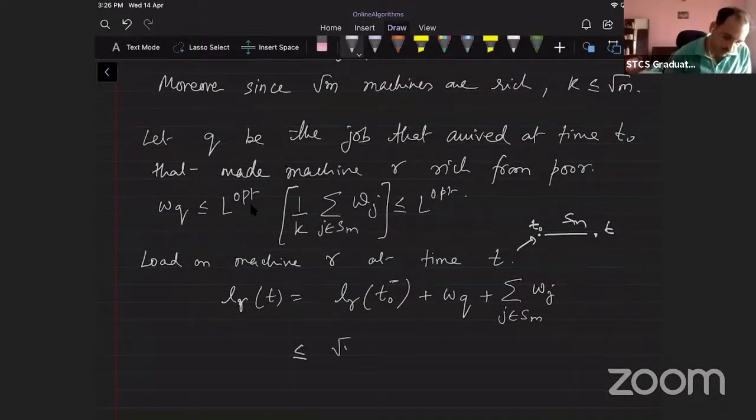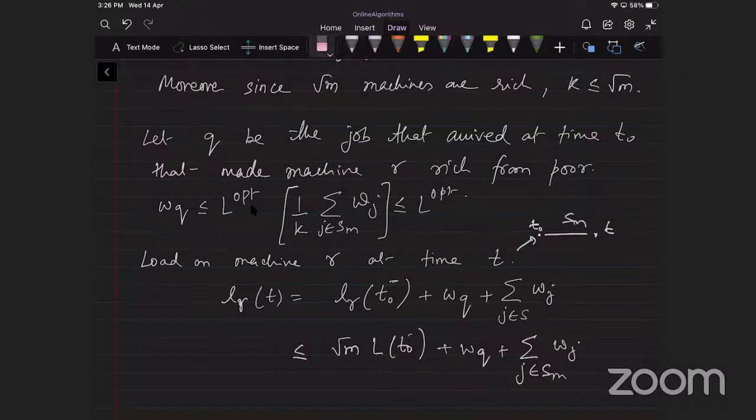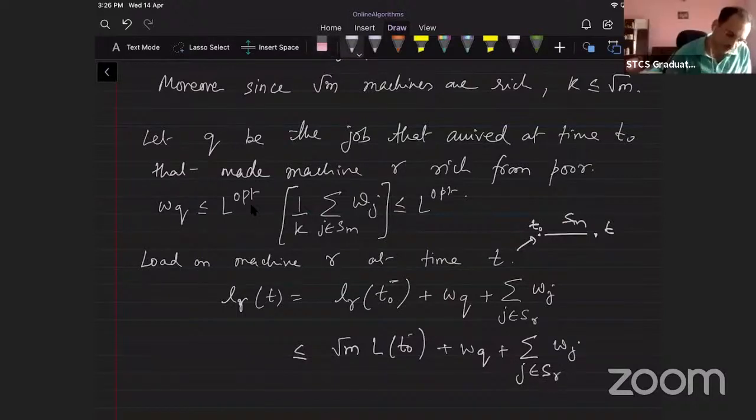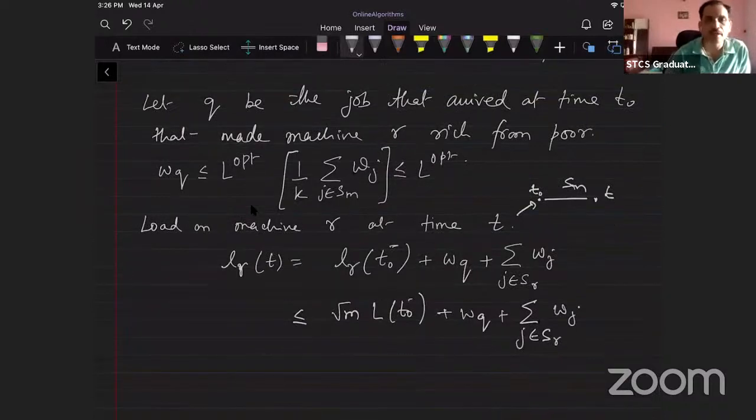So now I claim that this is at most LT0. Can somebody say why? What is the status of this machine at T0 minus? It's poor. So just by definition of poor, LR T0 minus is at most square root M times LT0.